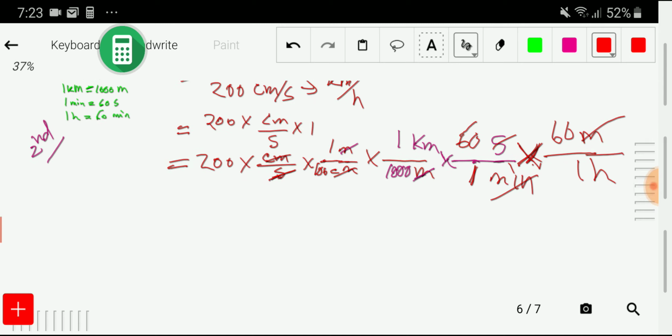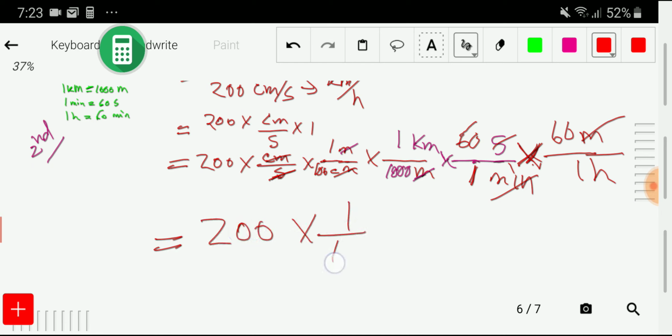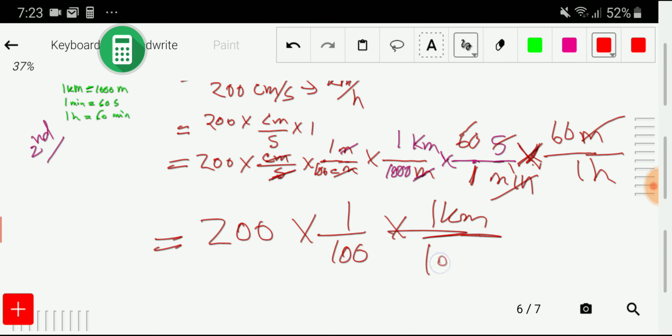So write what we are getting here. 200 times 1 by 100 times 1 kilometer divided by 1000 times 60 divided by 1 hour.